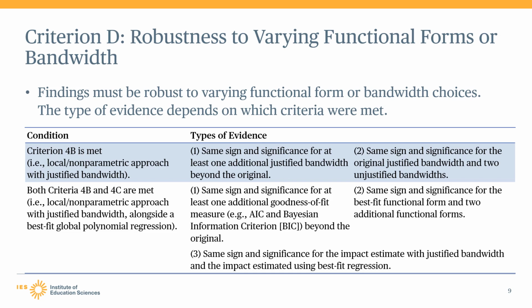The study would meet the requirements of option 1 for satisfying Criterion 4D, even though it would not meet the requirements for option 2. In this case, the WWC would still consider this study robust to varying functional forms or bandwidths, given that it satisfied option 1 for meeting Criterion 4D.